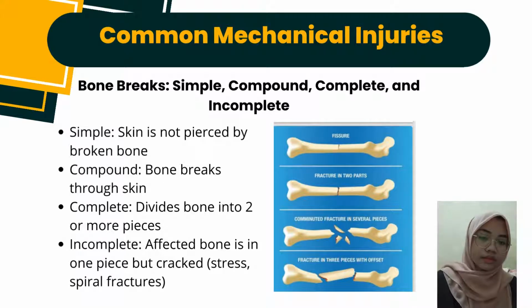Next, we go to the bone break. The bone break is the most common mechanical injury. What is a bone break? A bone break is a fracture, a break usually in a bone. If the broken bone punctures the skin, it's called an open compound fracture.